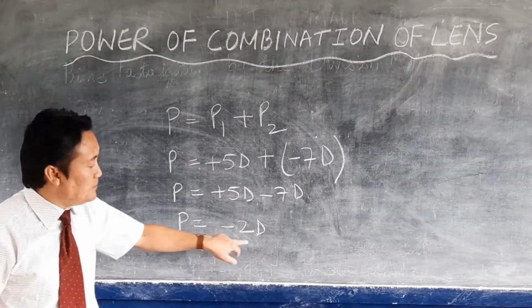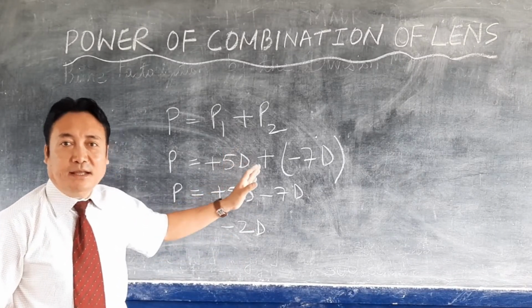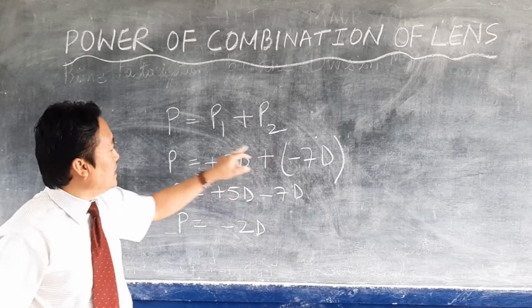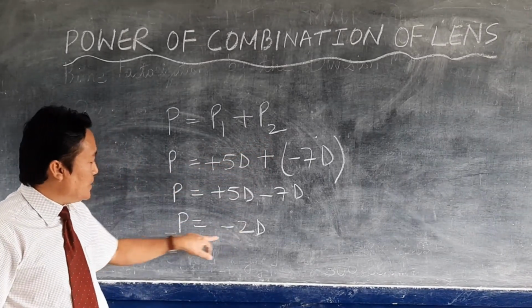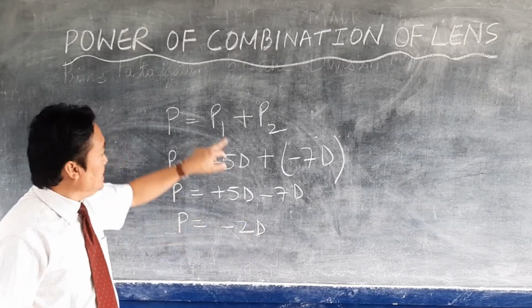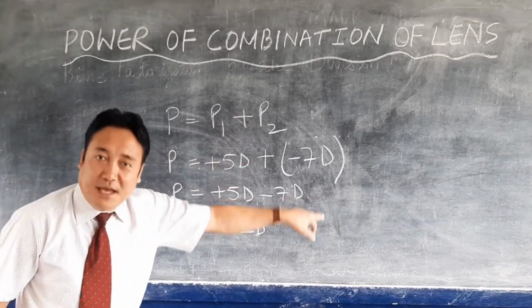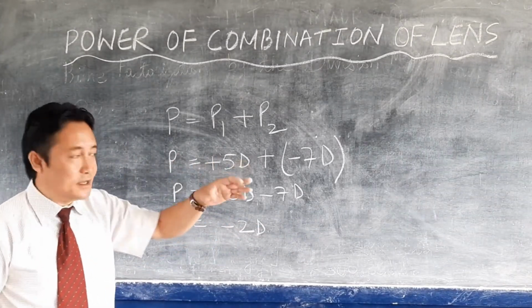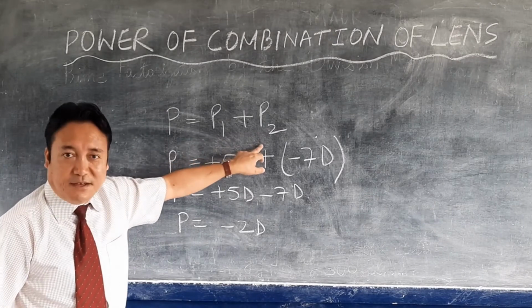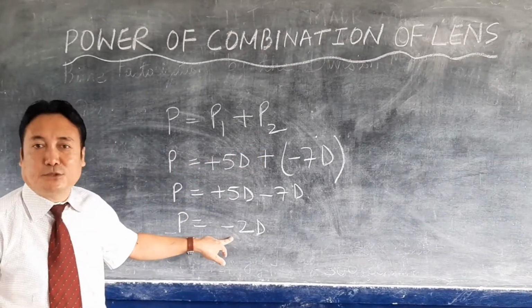So how are we getting this resultant power? By adding the algebraic sum of individual powers. Now the resultant power we get is minus 2D. So the combination of the convex lens and the concave lens behaves as a concave lens. Though there are two lenses, convex as well as concave, when you combine them the resultant power is minus 2D.